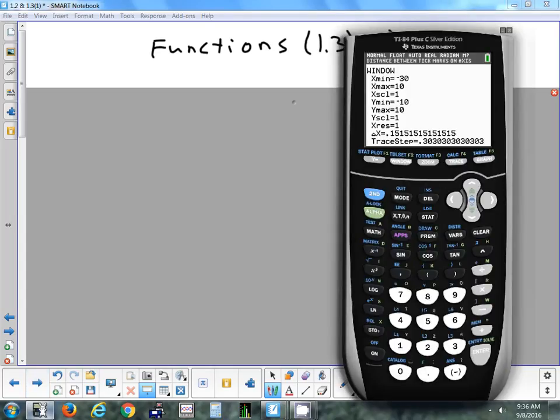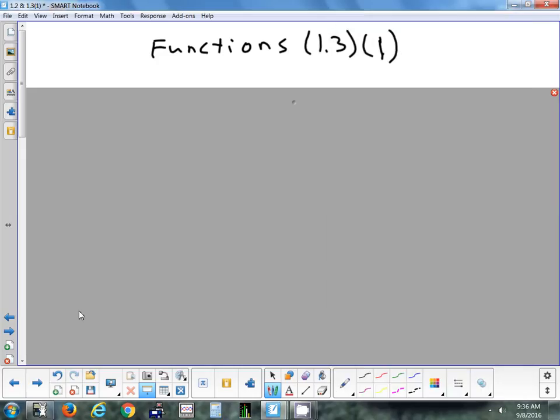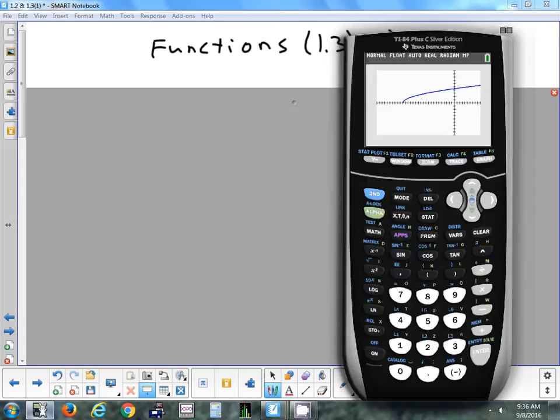Square roots, if you graph just the top half, just the positive part, because remember I said square roots have two answers, if you graph just the top part, that's a function. Okay, if I graph something like this, don't worry what I just typed in, I just basically wanted to flip that over. That picture is not a function.